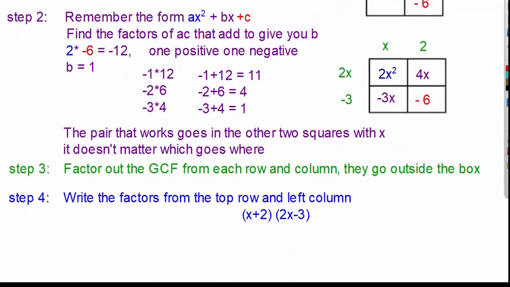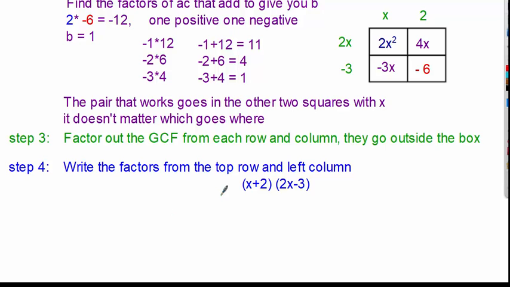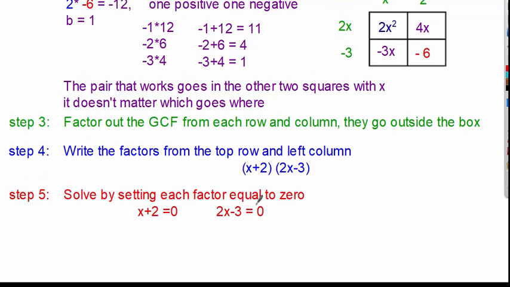Once I have those, I write out the factors from the very top row, x plus 2 here, and from the very left column, 2x minus 3. Once I have those, I can set each factor equal to 0, solve. That means I'm going to move these over, and I am taking a shortcut.